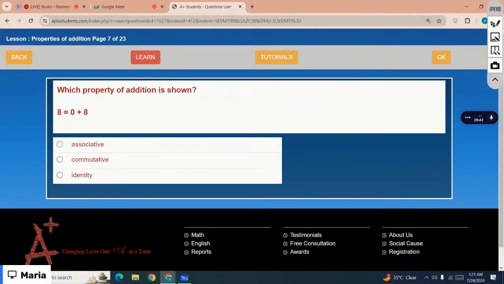Which property of addition is shown? 8 equals 0 plus 8. Yes, identity it is. The correct option is identity.